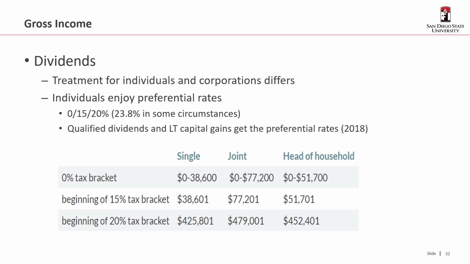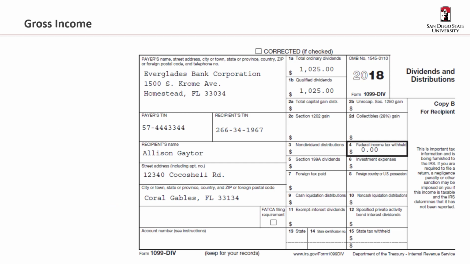If you're in the net investment income tax, which we'll get to eventually, you actually pay a slightly higher rate because there's a 3.8% tax added on. And qualified dividends and long-term capital gains get the same preferential rates. And I've shown you the 2018 brackets for long-term capital gains and qualified dividends. And again, we walk through examples of this, and they're in your table pack as well.